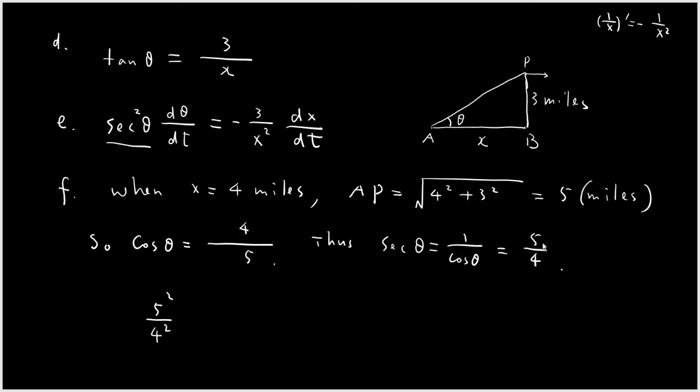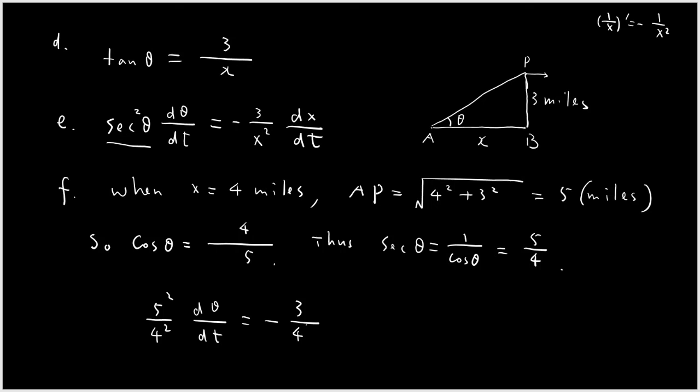That's secant of theta, the whole thing squared. And then d theta over dt, the rate of change of theta, equals negative 3 over x squared. 3 over x value is 4. Everything is computed at the moment when x value is 4.